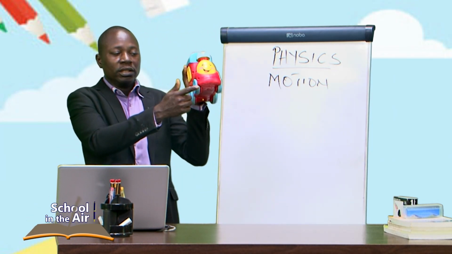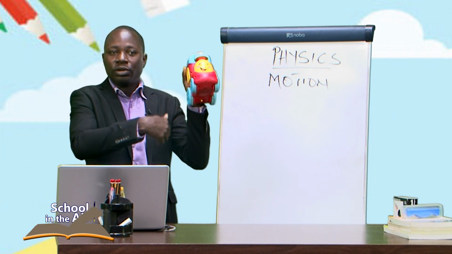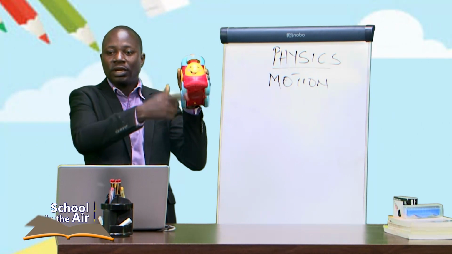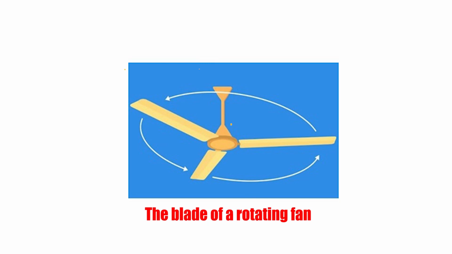When you look at the tires, as you spin it, they are rotating about a fixed point, about an axis. That's rotational motion. Another example is the blades of a rotating fan, which is on the screen there.